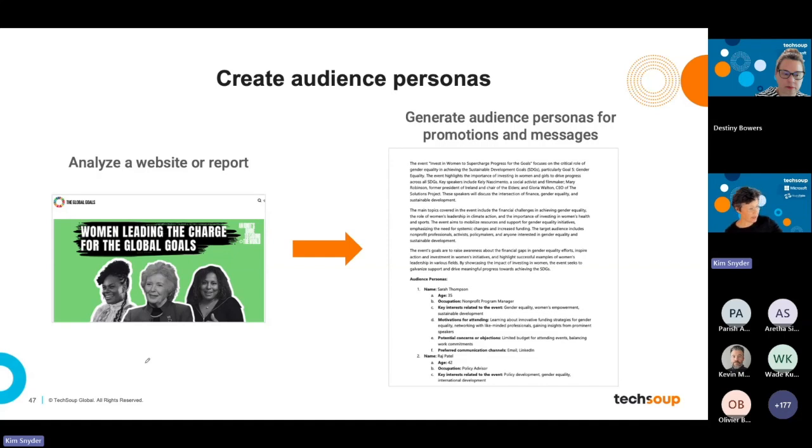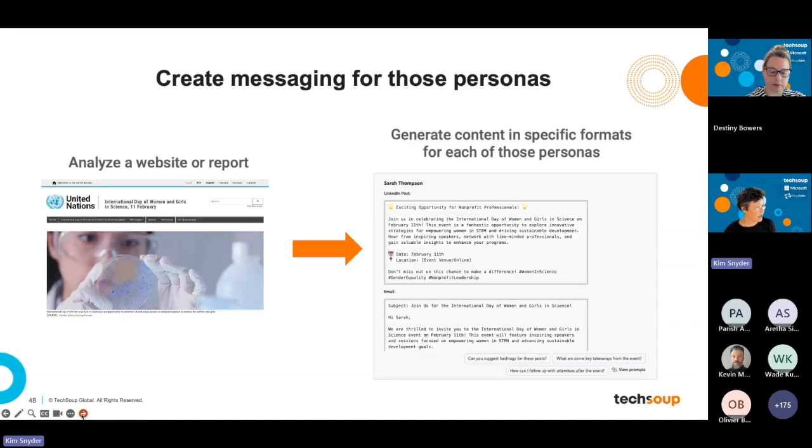I can give it this type of document and say who I would like to attract, and it can create a series of personas, however many I ask for. In this example, I asked for 5. Then I can create content, in this case LinkedIn and email content, for each of the different personas it created before.